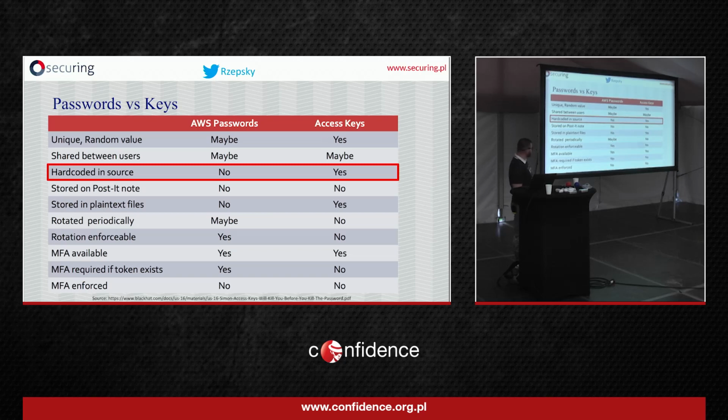And another interesting thing is multi-factor authentication. It is a very trivial example when we are talking about the normal login and password and multi-factor authentication. However, if we are talking about programmatic access for an AWS user or an Azure user, multi-factor authentication is really difficult to implement.